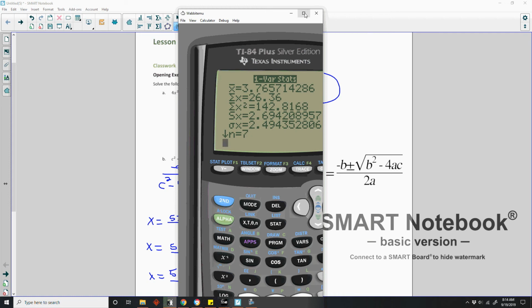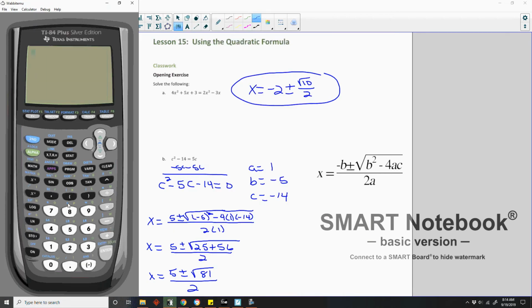Well, here we go. I open my calculator up, and I'm going to teach you something about this calculator. You can store values for x. So it's really easy. All I have to do is plug this in.